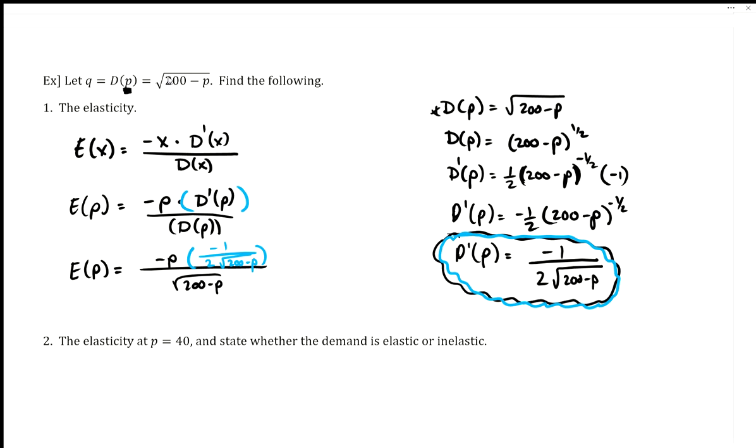Okay, and now we need to simplify this. Usually the way that I simplify a complex fraction, so here we do have a fraction in a fraction, I just look at the denominator. This small denominator is the only one that has a fraction in it in this big fraction. So that's what I should multiply the top and bottom of this big fraction by to simplify.